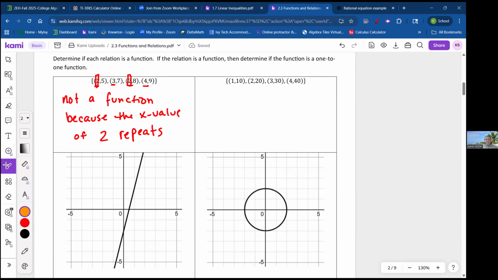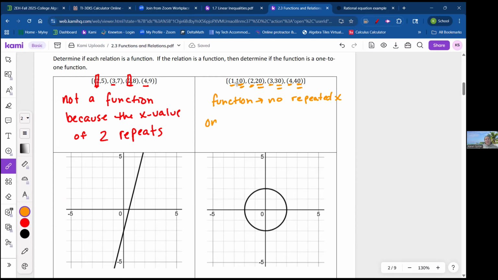Okay. All right. So on the one on the right, I got 1, 2, 3, 4. So it is a function because no repeated x's. Now, to be a one-to-one function, it has to have no repeated y's. So 10, 20, 30, 40.